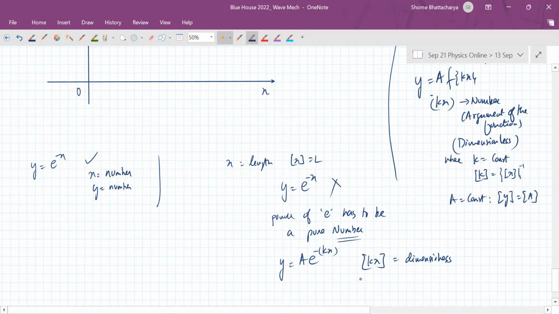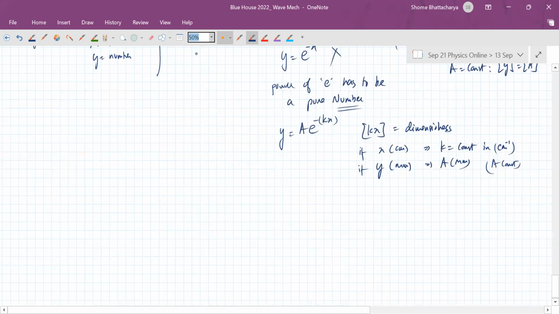It's a pure number. So if x is in centimeters, then k is a constant in centimeter inverse. And similarly, if y is in some other unit, let's say millimeter, then A has to be in millimeters, because A is also a constant. So this is just a general thing you keep in mind.